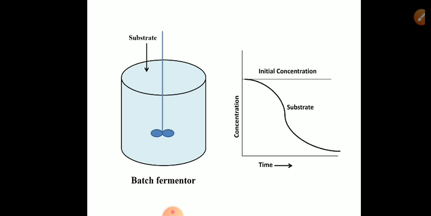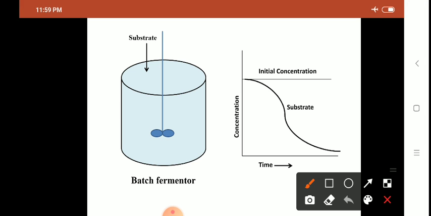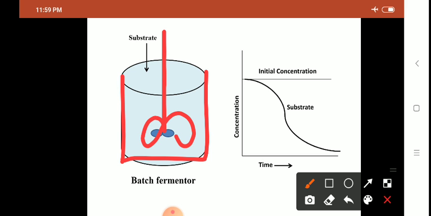So if you look at the batch fermenter that is shown here, this is a batch fermenter, which is a sort of cylindrical tank. Here the device shown is an agitator or impeller mixing device. Right. As the fermentation proceeds, suppose this is the initial concentration of the substrate or raw material. With time, what will happen?